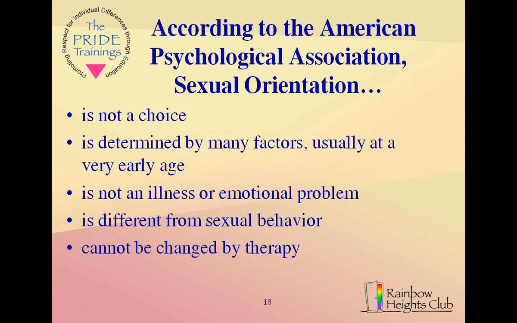For instance, painful electric shocks, or emetics, which is a substance that you ask the client to drink and then they vomit. So hopefully they're going to learn that it's bad to be a gay or lesbian person. I think that's just abuse, and so does the APA. I think it's never going to change somebody's sexual orientation. It's not ethical. It's not treatment, and they're just going to feel worse about themselves afterward.